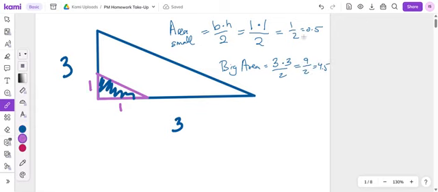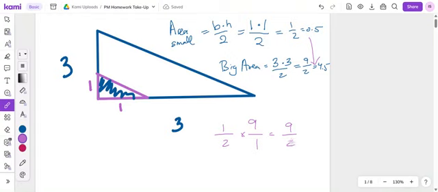So, folks, how many times bigger is the big triangle from the little triangle? How do I get from 1/2 to 9/2? 9/1, right? I have to go 1 times 9.